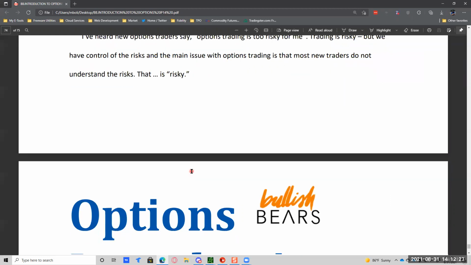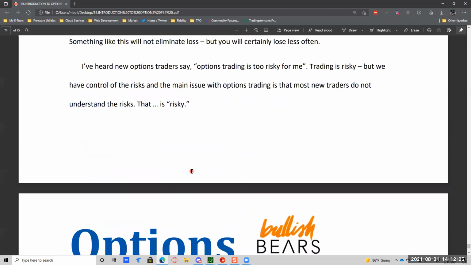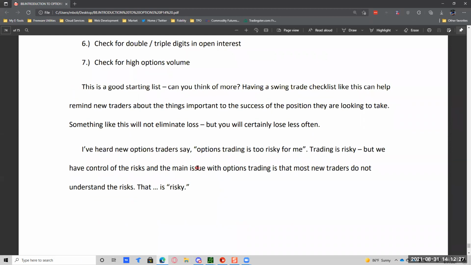Now, I have heard people say, and I love the phrase every time I hear it, and it's always a new options trader: I heard trading options are risky. I don't know if I want to do that because, man, I heard they're risky. Yeah, just trading is risky. But we're absolutely in control of the amount of risk that we take, whether we're trading futures, stocks, or options, it really doesn't matter.